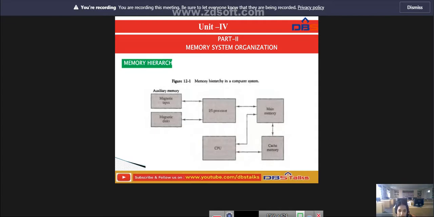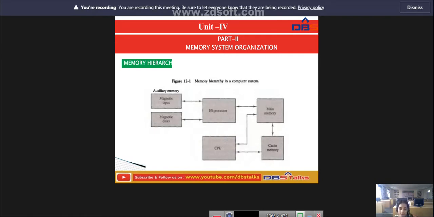The auxiliary memory is located at the left side of the diagram, and it is used to store system programs, large files and other backup information. So that is the use of auxiliary memory.